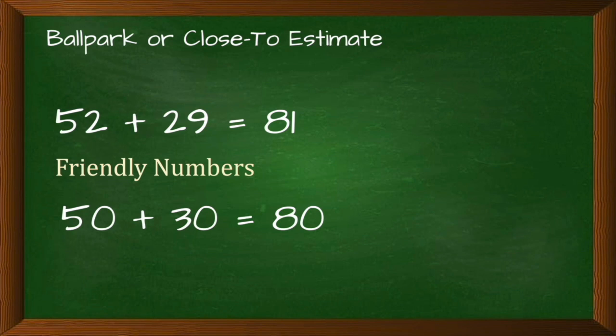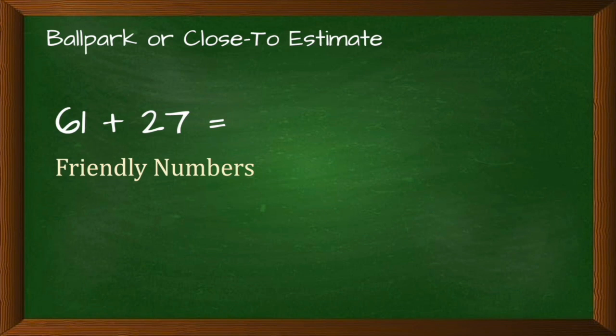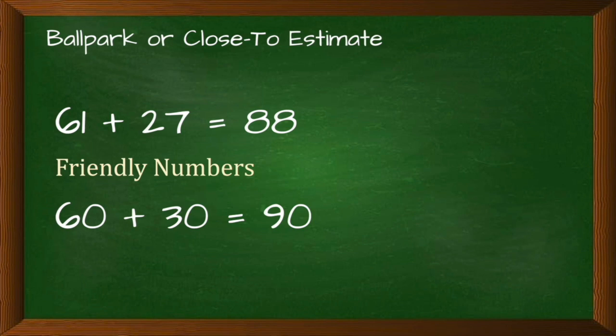Let's try another one. 61 plus 27. Again, the sum of 61 and 27 is 88. Let's check to see if that answer makes sense. 61, what number is that close to? For me, I'm going to choose 60. And 27 is pretty close to 30. 60 plus 30 is 90. 88, is that pretty close to 90?